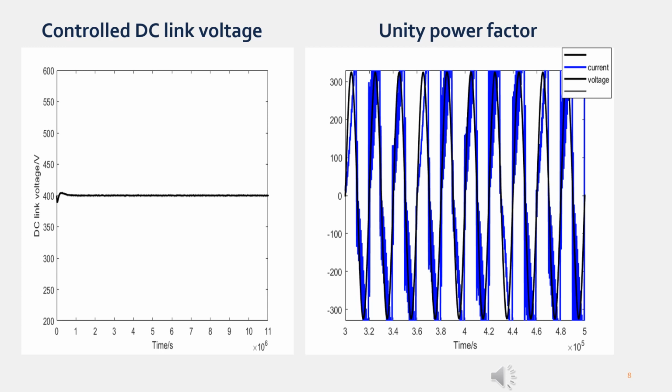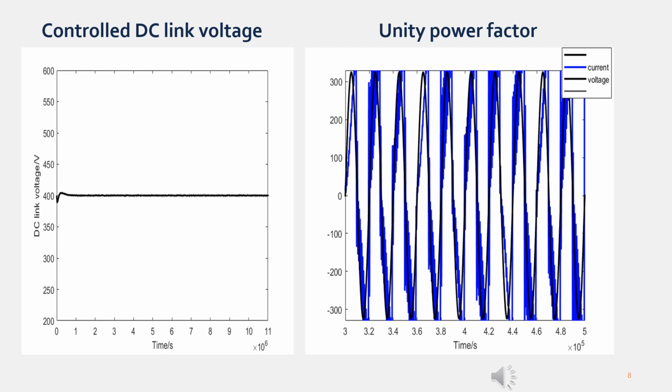Also, the graph on the right shows that we have a unity power factor, which basically means our voltage signal and the current signal were in phase.